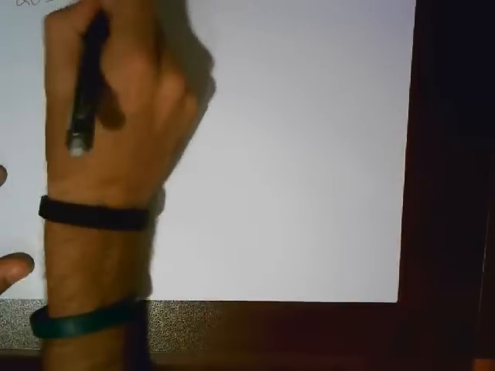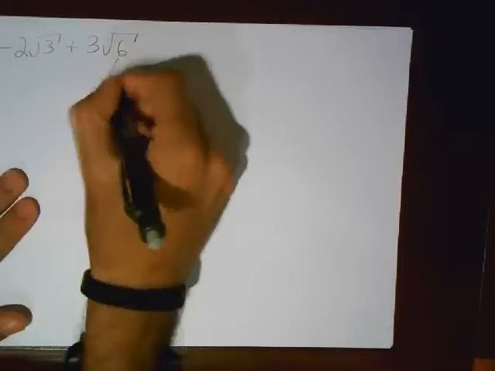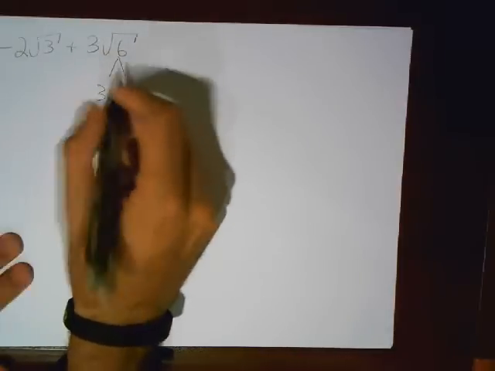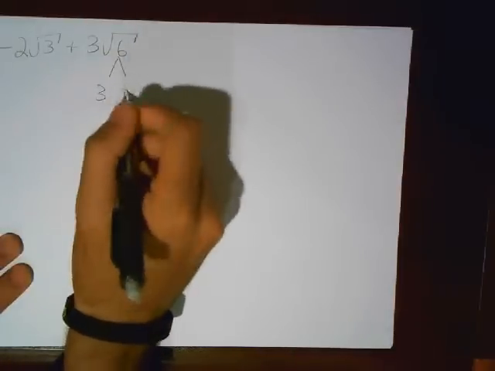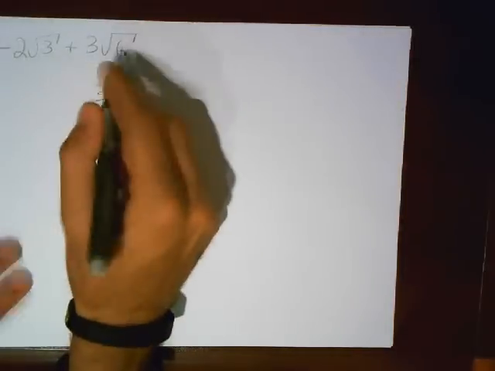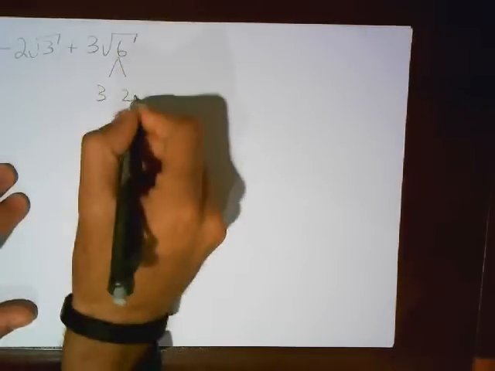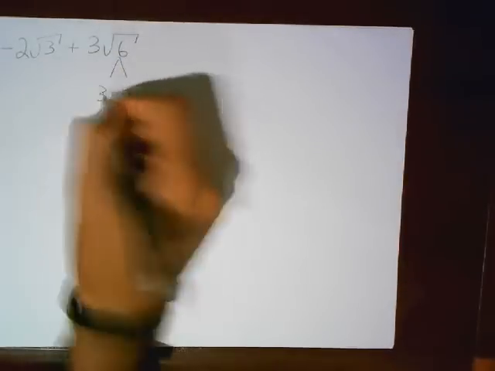Okay. Next problem says negative 2 root 3 plus 3 root 6. So this cannot be simplified, because when you factor this, you have 3 and 2, but you can't factor anything out, because the only way you can factor is if you have like 2 2s or 2 3s.